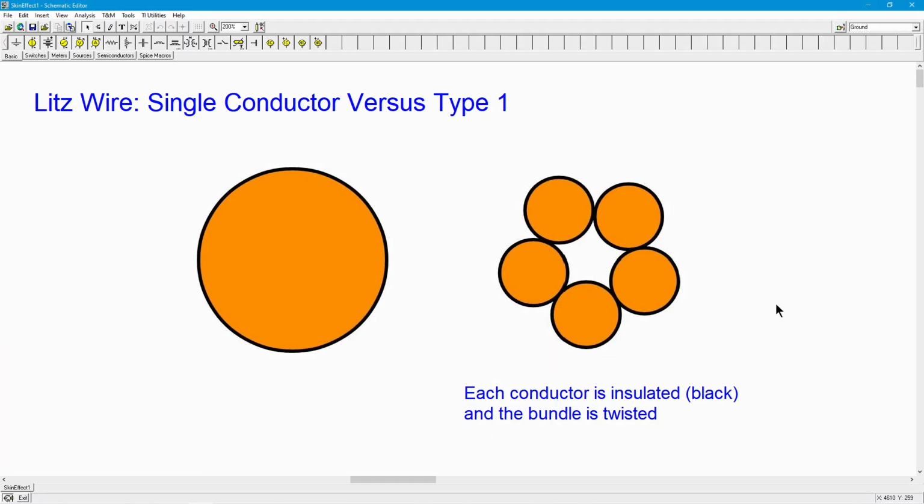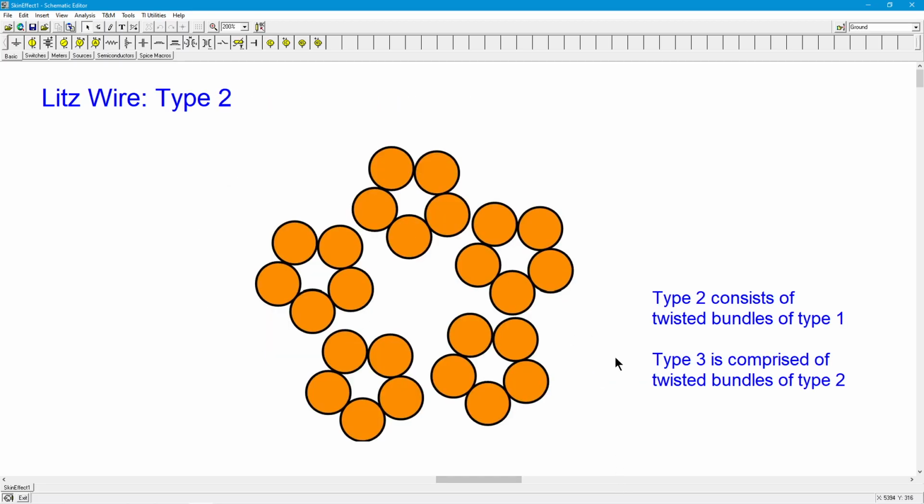Well, the next step would be to make a bundle of the bundles. So this is a bundle, in this case 5 wires. So why don't we use each one of these bundles as its own little mini bundle? In other words, each one of these things would be its own little bundle. That's what's called type 2 Litz wire.